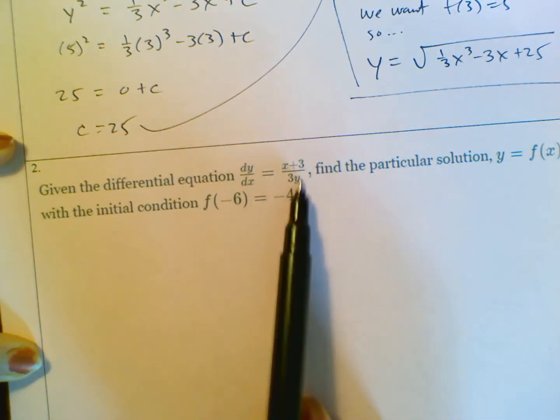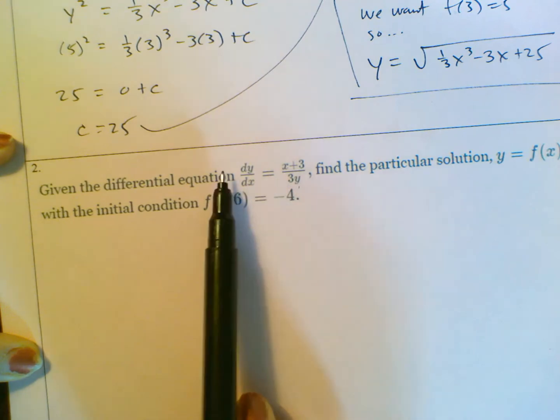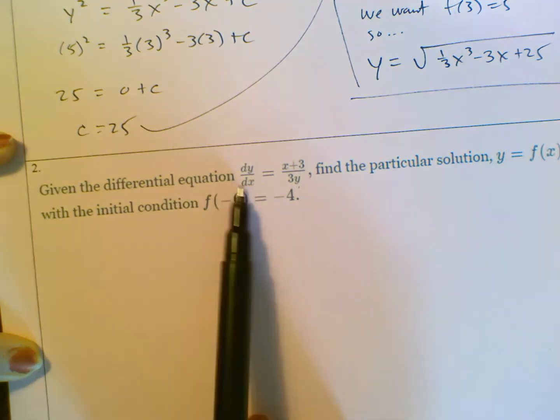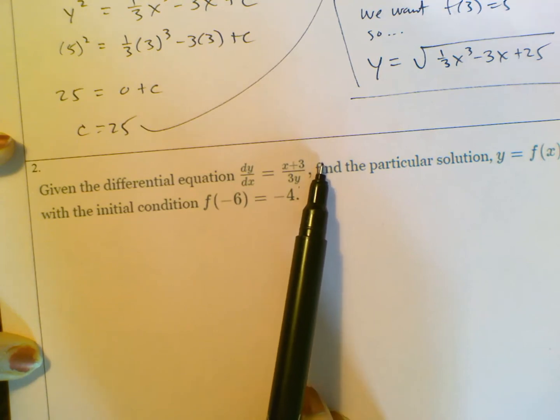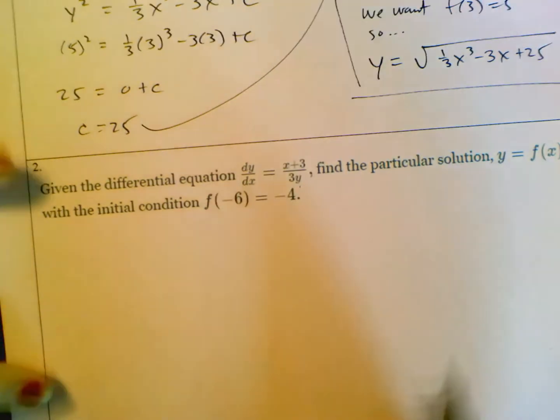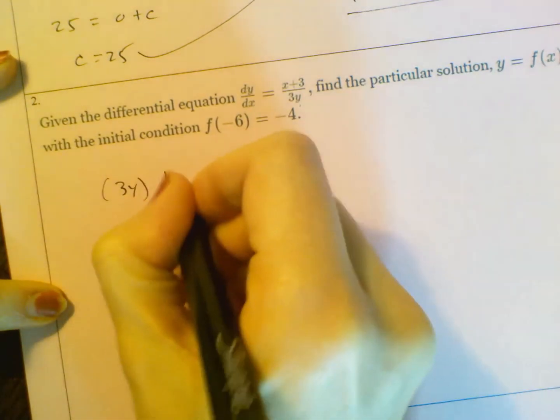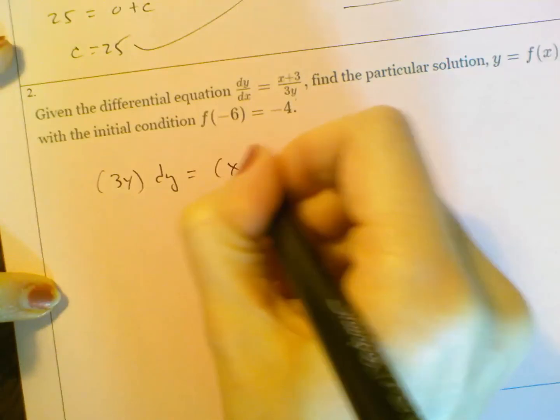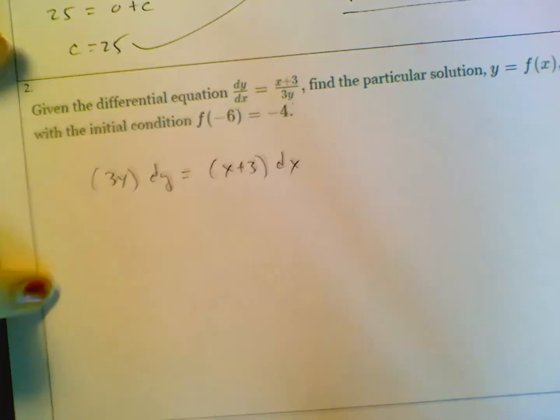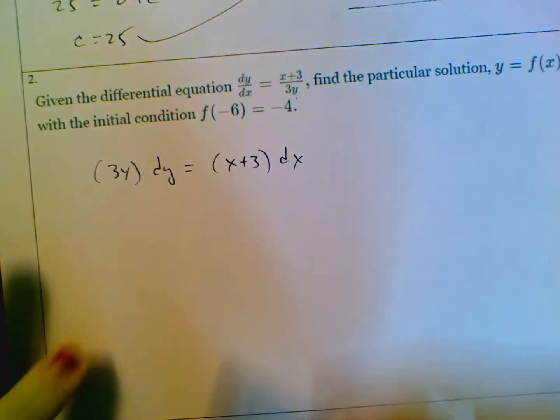We want this 3y to be over here with the dy. We want the dx to be up over here with the x plus 3, so you cross multiply. So this is 3y dy equals x plus 3 dx.